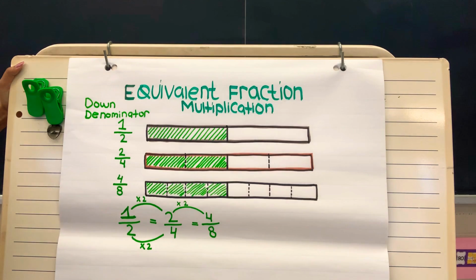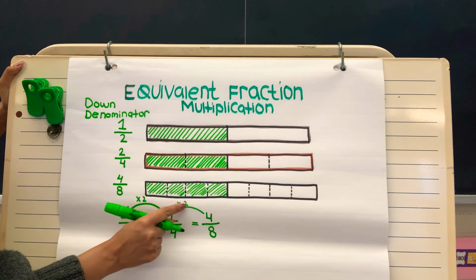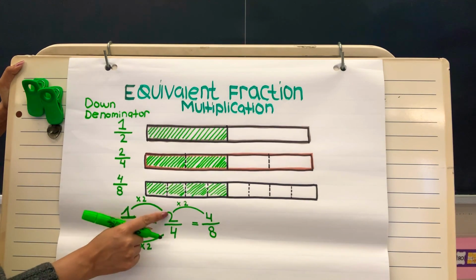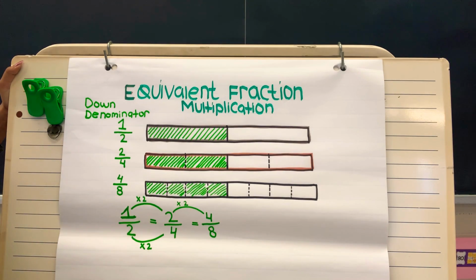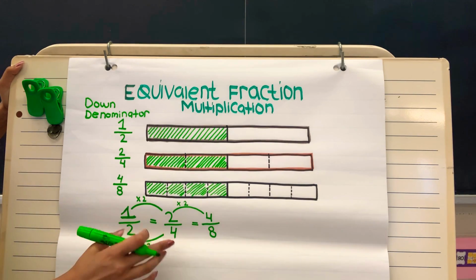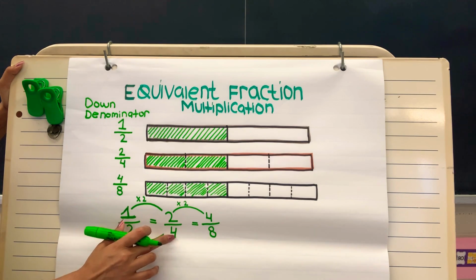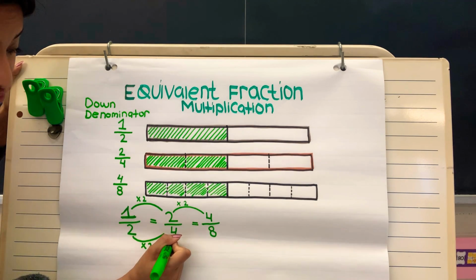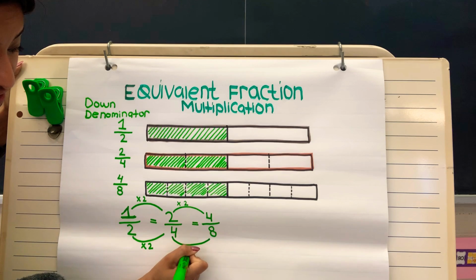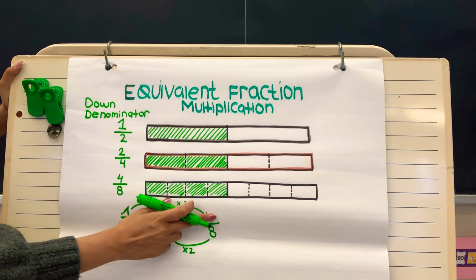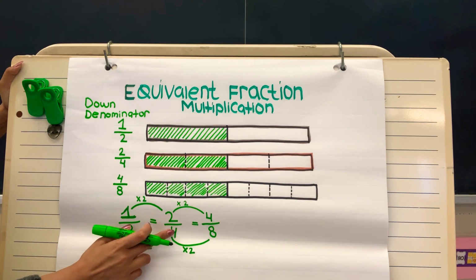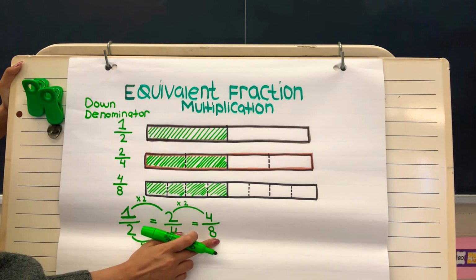So I multiplied this 2 by 2 to get 4. Now, am I done? Absolutely not, because I still need to multiply my denominator by 2 as well. So 2 times 2 gives me 4, and 4 times 2 gives me 8.